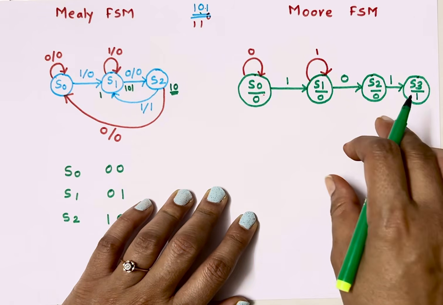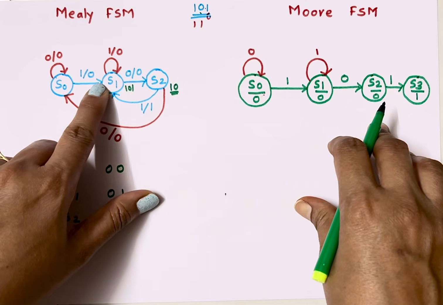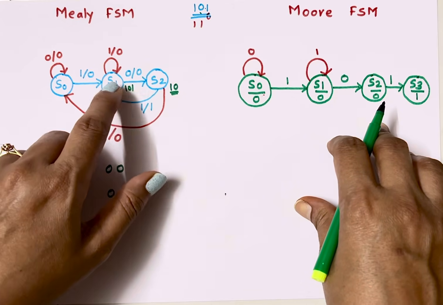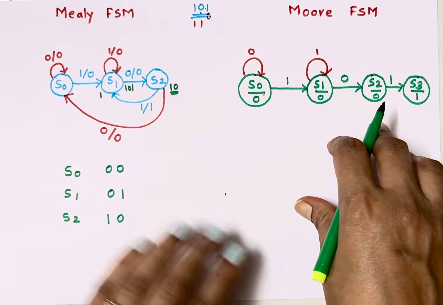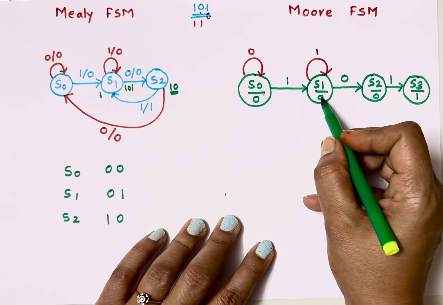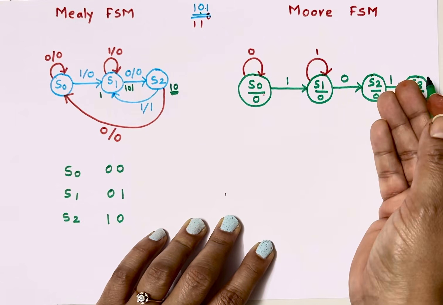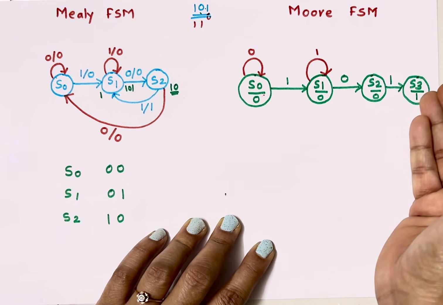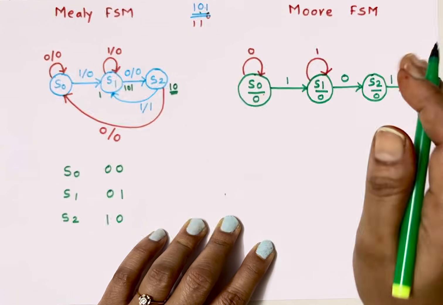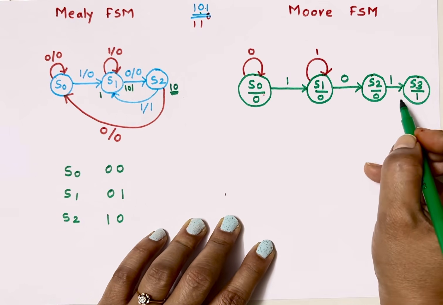Now here you will say, in the Mealy machine when the input was 1 it went back to S1 because for that state the output wasn't fixed. Whereas here it can't go back to S1 because for this state the output is 0, but when my entire sequence is detected, my output must become 1.